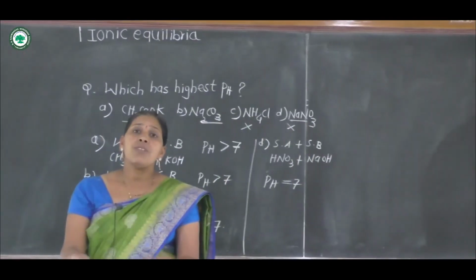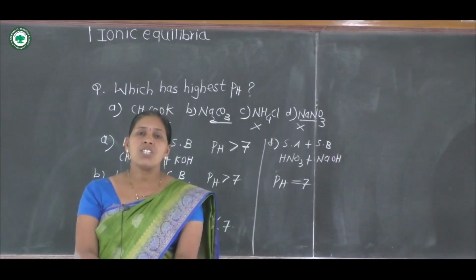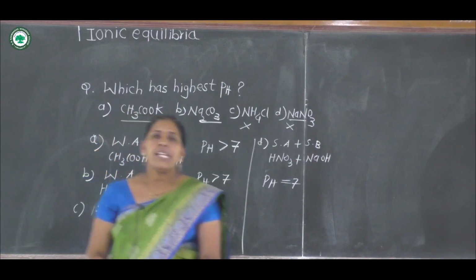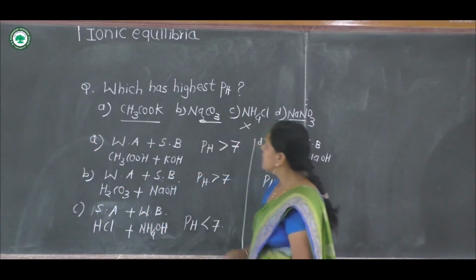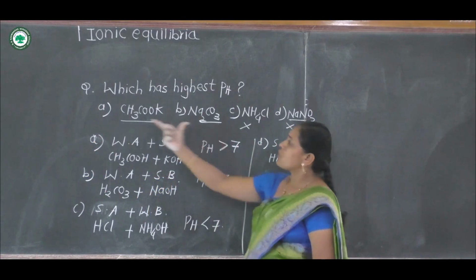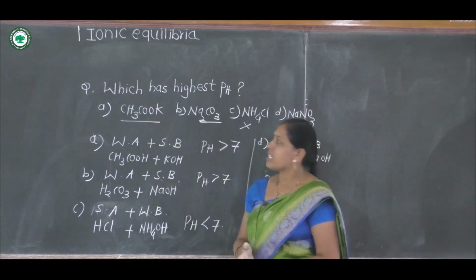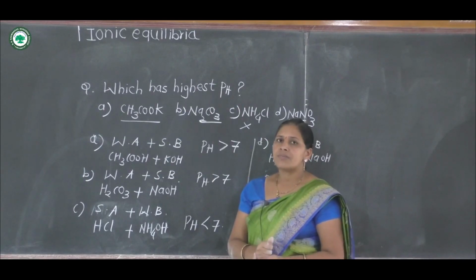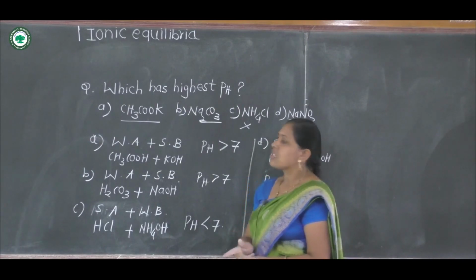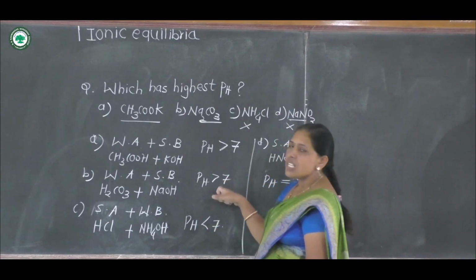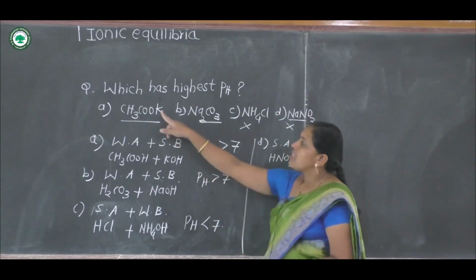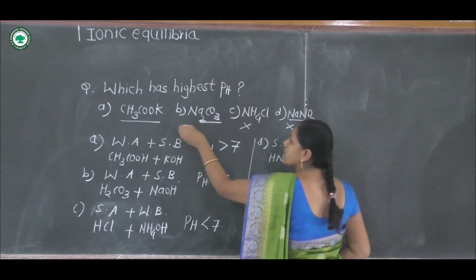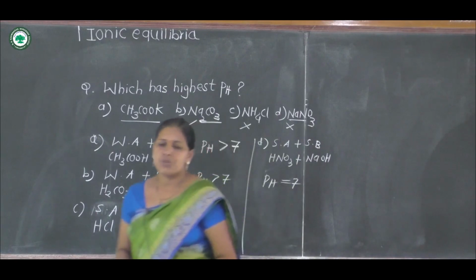Then which of the following salts has the higher pH? It depends on Na2CO3 or potassium acetate. In this case, sodium hydroxide is the strong base, therefore its pH is greater than potassium acetate, so our correct answer is Na2CO3.